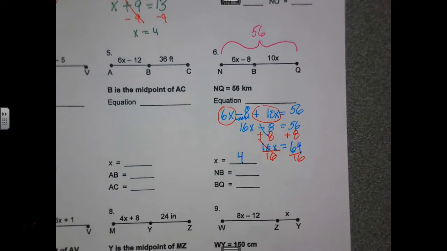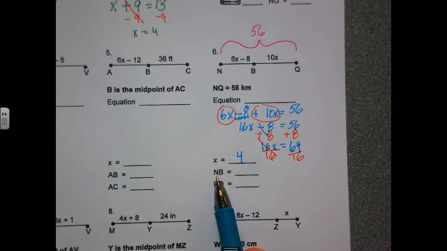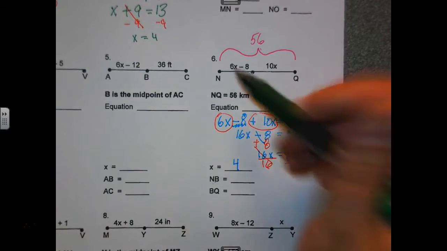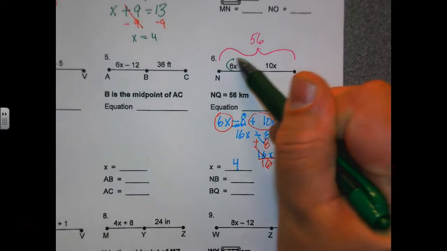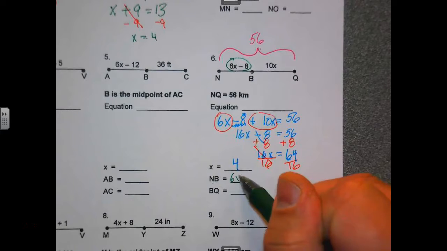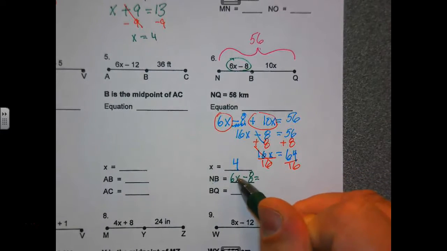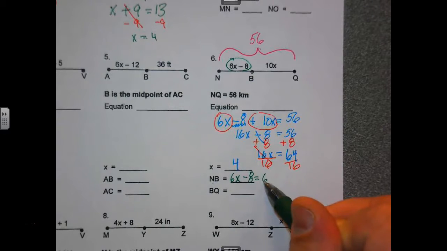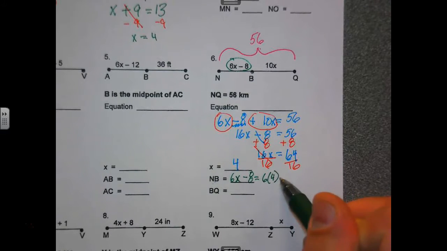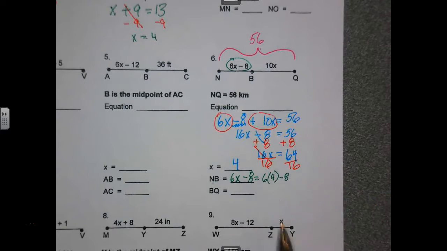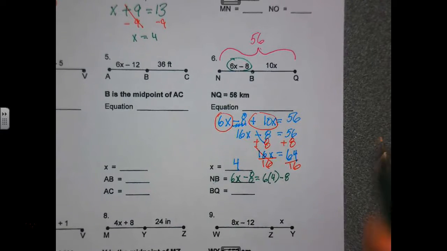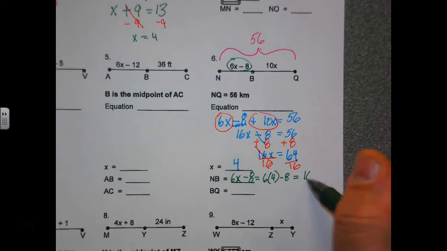Now I've got a few more questions to answer. They want the length of line segment NB. Well, NB is 6x minus 8. I know x is 4. So I'm going to take 6 times 4 minus 8. So I have 24 minus 8, 16.